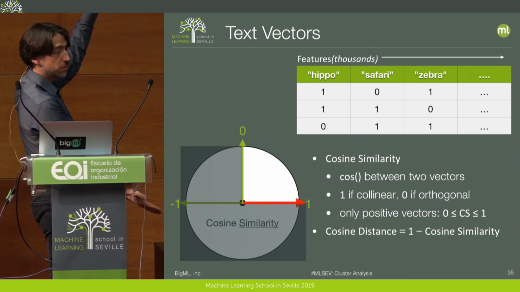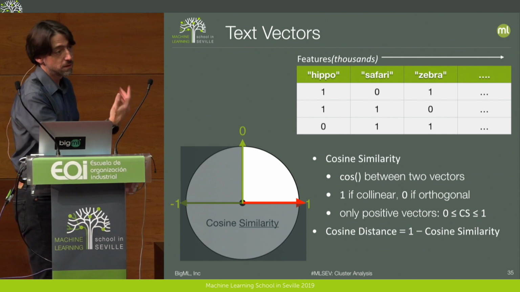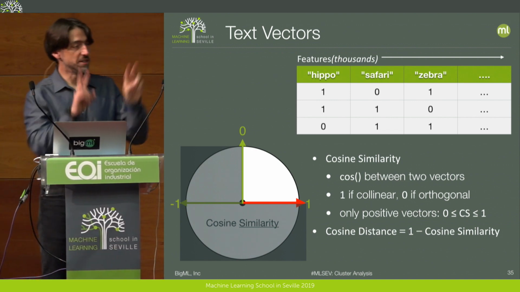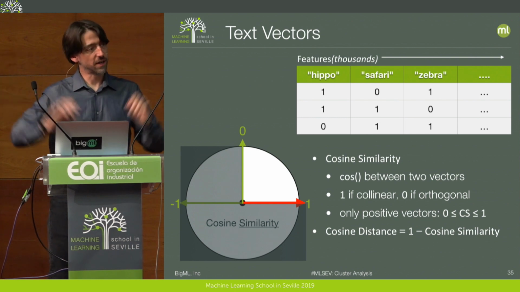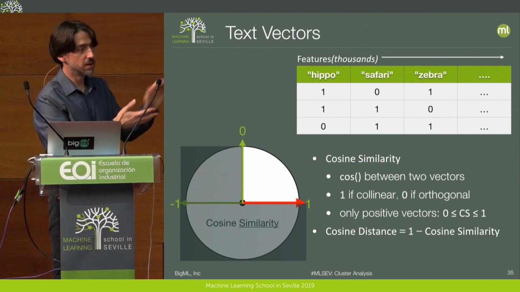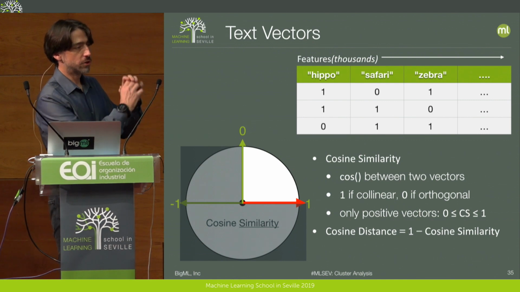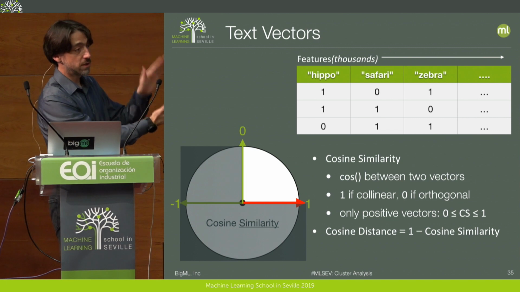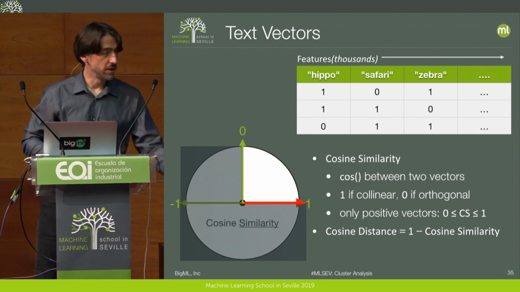If they're completely orthogonal, you call it a distance of 1, and anything in between is something in between. It's a very quick way to compute a distance function on a very sparse vector. But all this happens transparently. When you put a text field in there, we create this text vector inside the dataset, and if you're clustering, we do this cosine similarity for you.